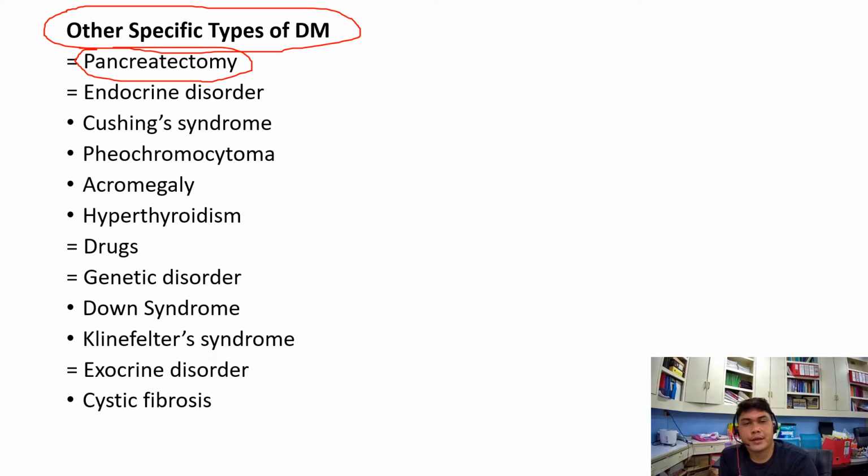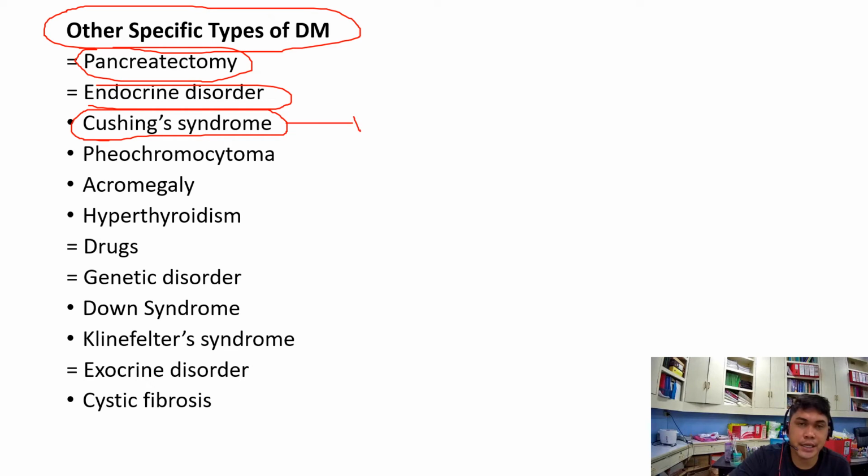The diabetes is secondary to the removal of the pancreas or part of the pancreas. Next, endocrine disorder. For example, Cushing's, where you have an increase in cortisol production, so you have increased cortisol.